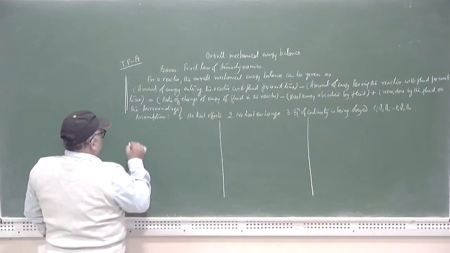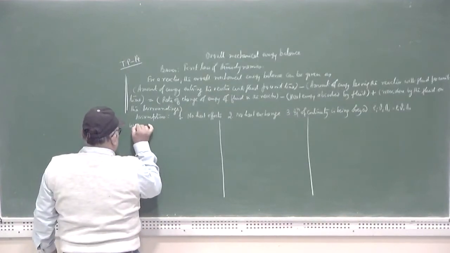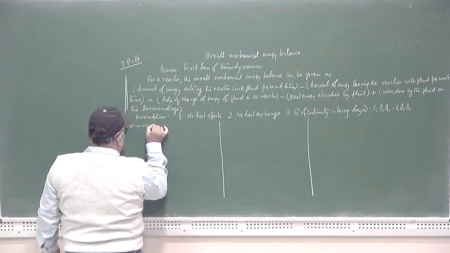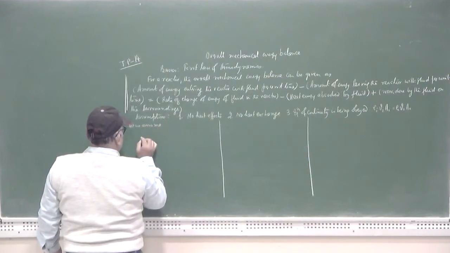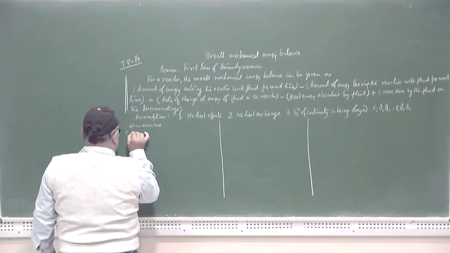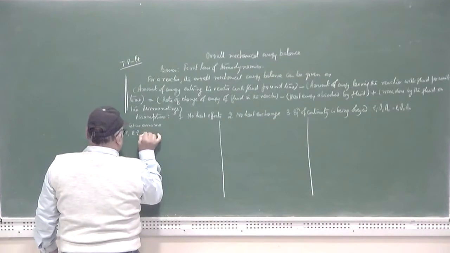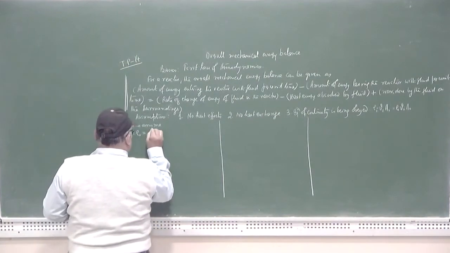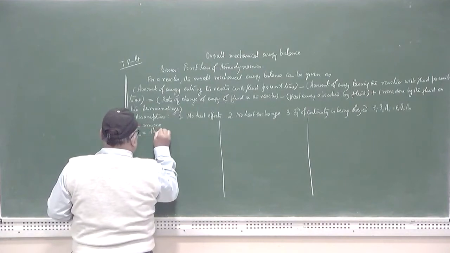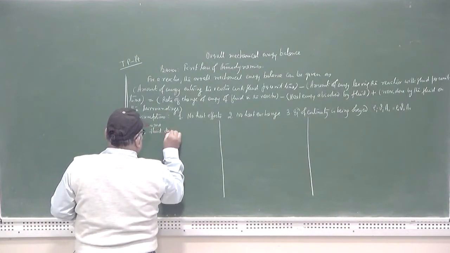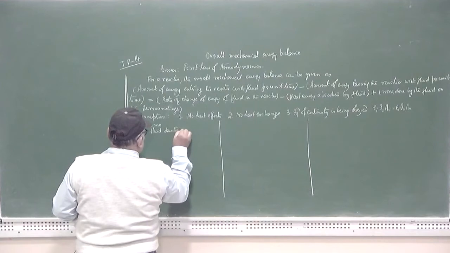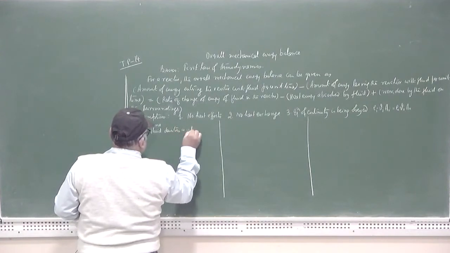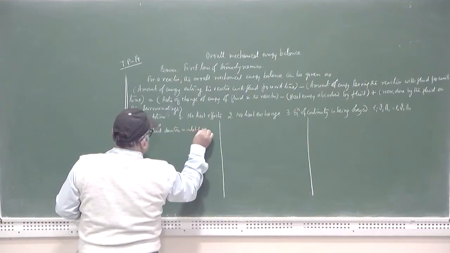Now, let us assume rho I and rho naught are the densities in the inlet and outlet streams.